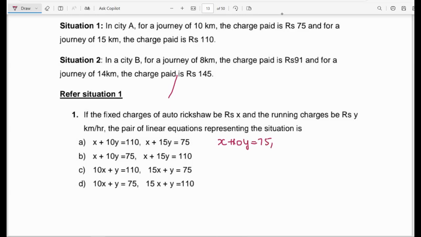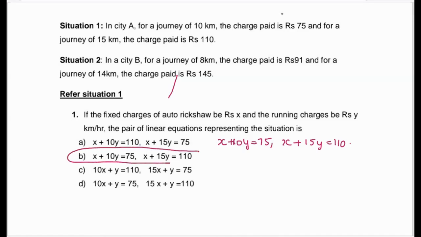Then the second one is x plus 15y is 110. So here it is option B.